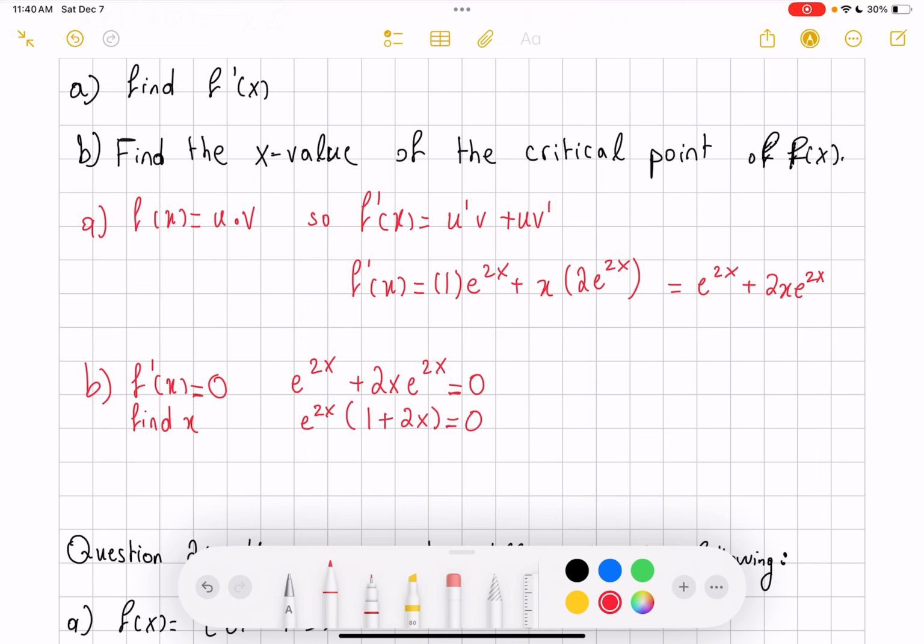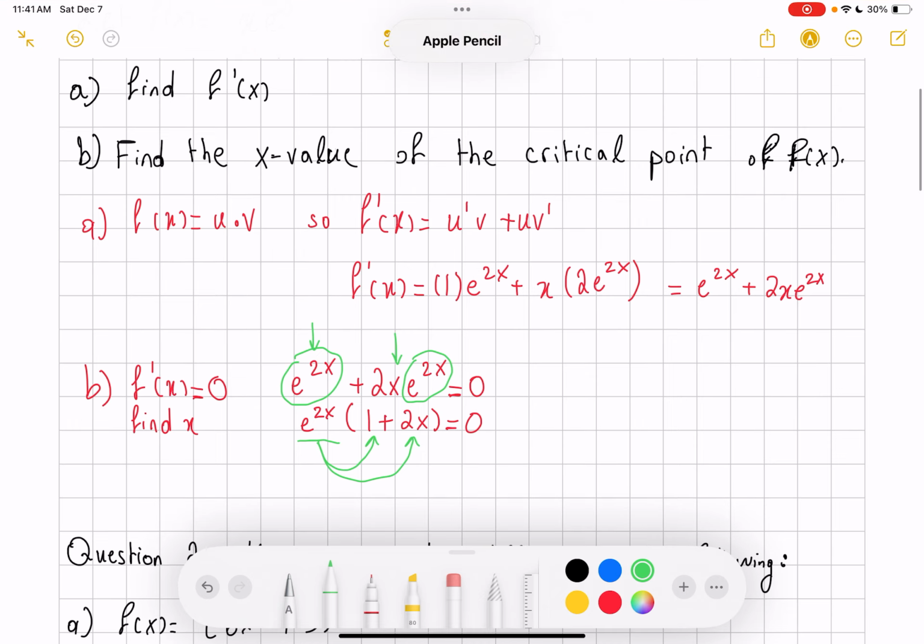We look at these terms and the only thing we have in common is e to the power of 2x. So if you take e to the power of 2x as a common factor, when you multiply it by 1, you're going to get this term over here, and when you multiply it by 2x, you're going to get this term over here. So this is the way to factorize this exponential function.